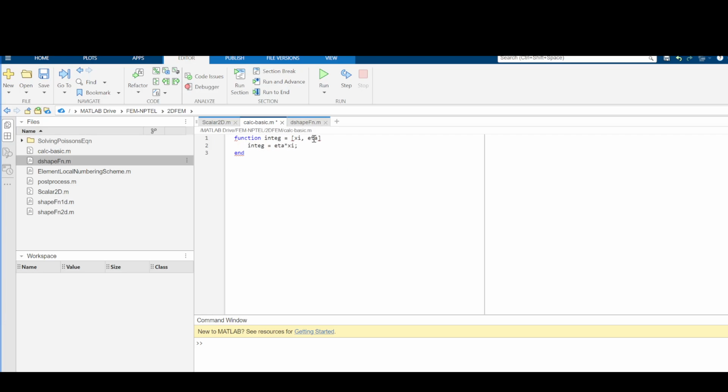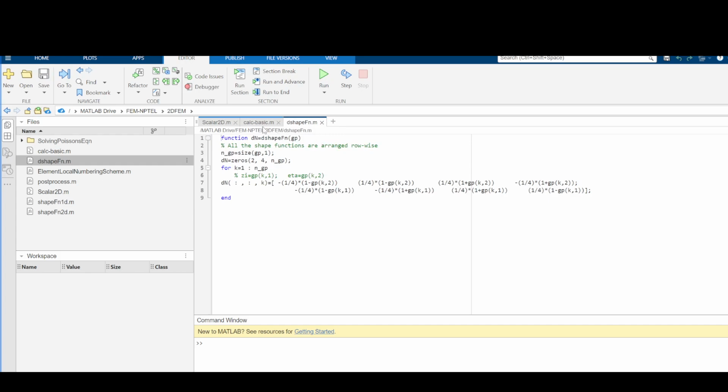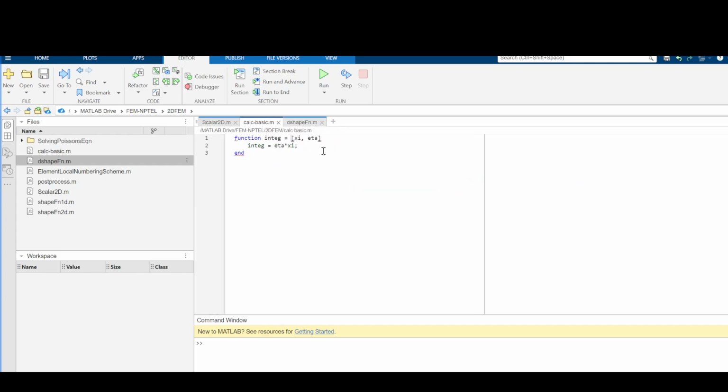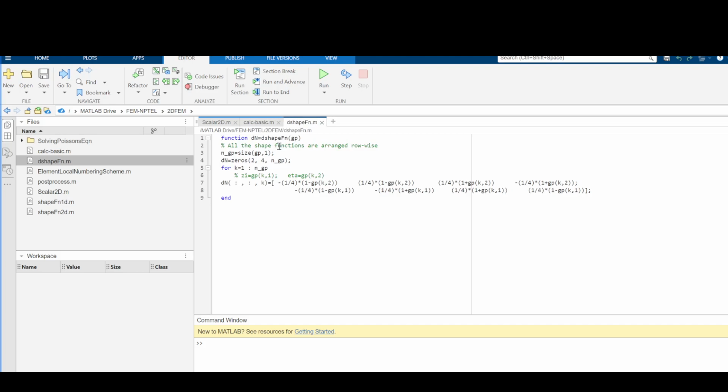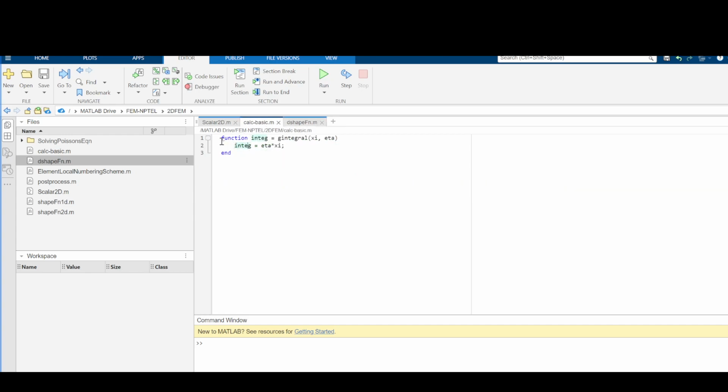I'm missing something here. I have to give the name of the function, integral. Isn't it enough? Okay, invalid file name. Okay, I just changed it.